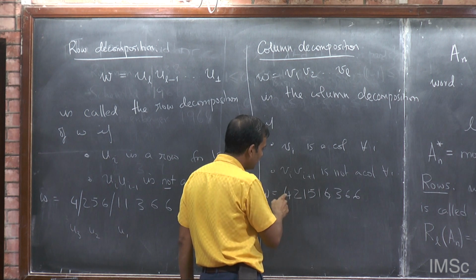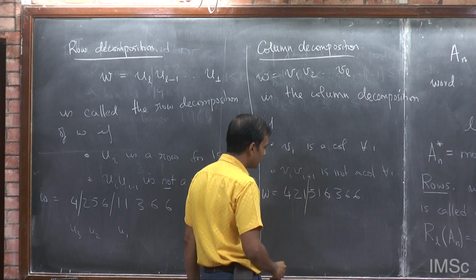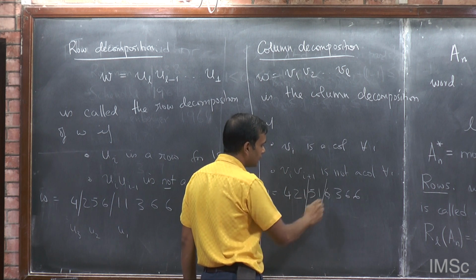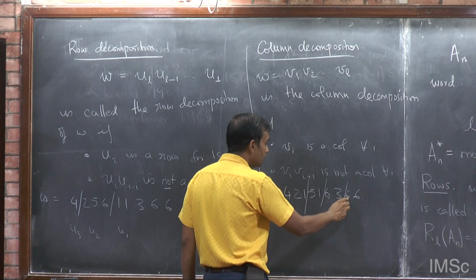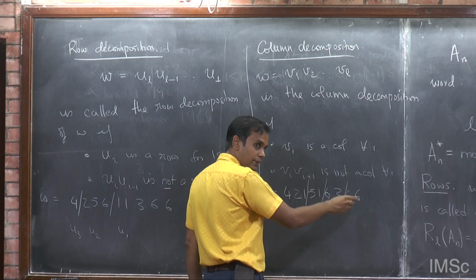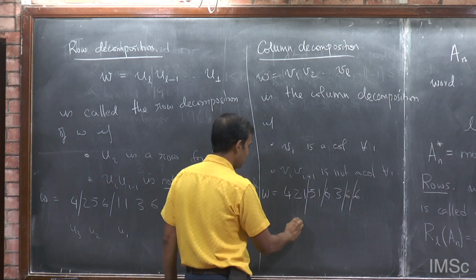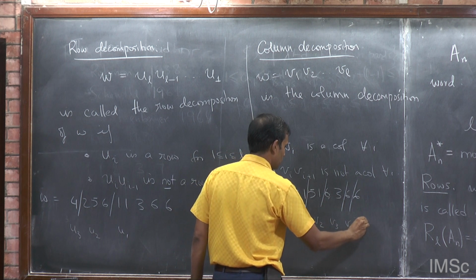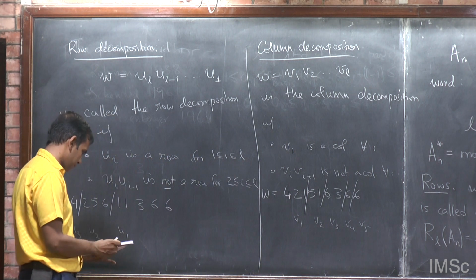So, 4, 2, 1 nicely decreasing, and then 5 it increases, so I better cut it off here. 5, 1 nicely decreasing, and then it increases here. 6, 3 is good. 6, 6 is not allowed. I need a strict decrease, it is not a column. So, this is V1, V2, V3, V4, V5. This is the column decomposition.